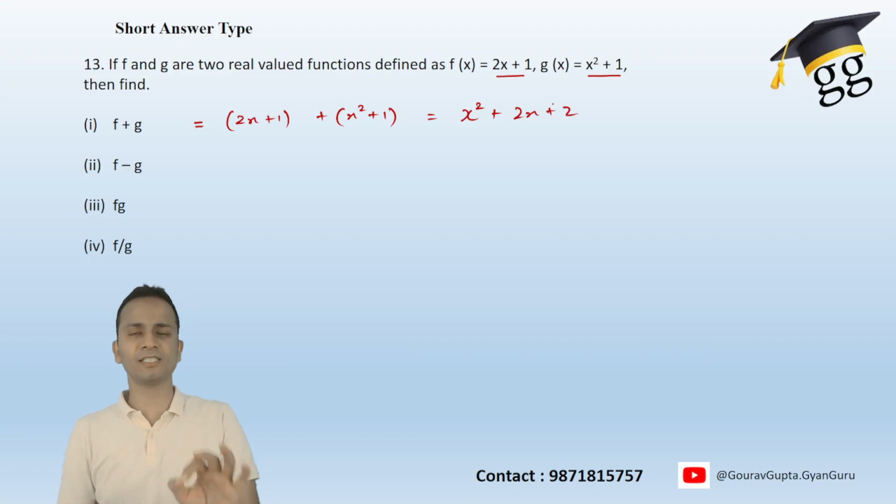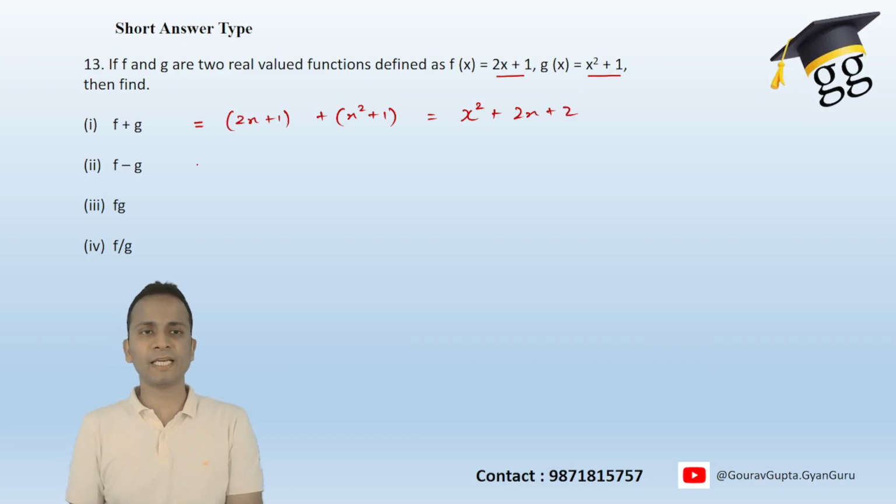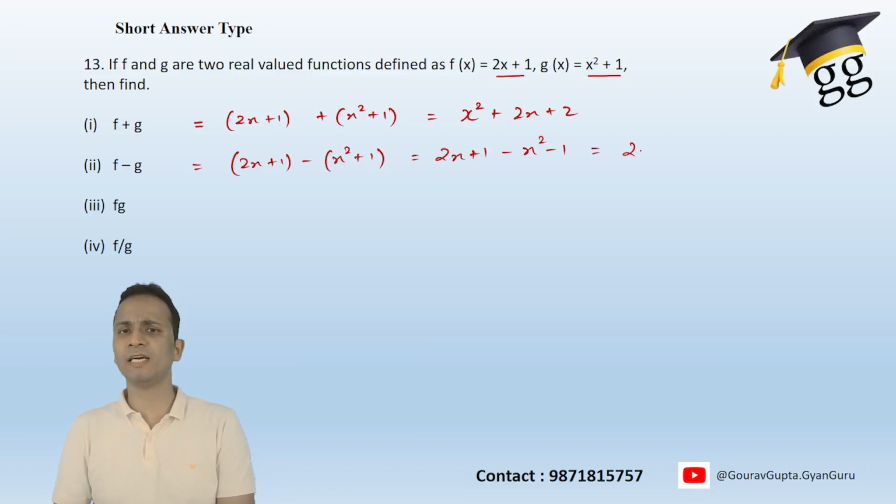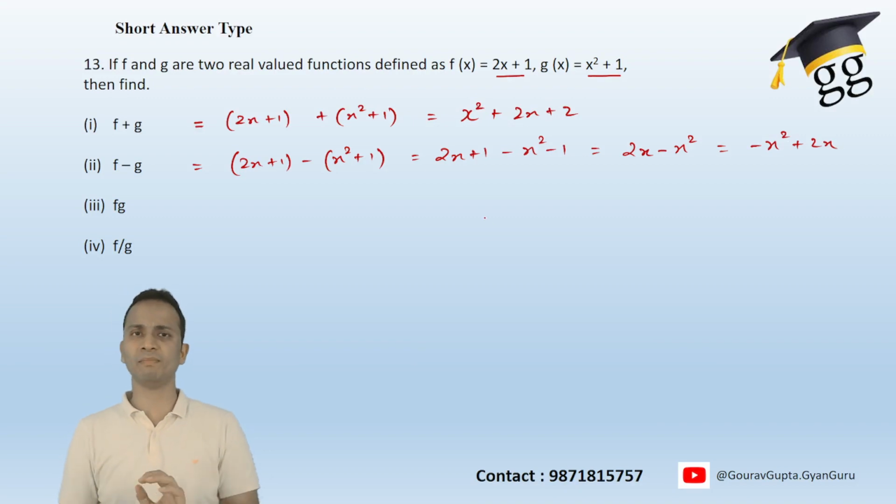Simple, that's it. This is the answer for first part. Second part, instead of addition, do subtraction. So 2x plus 1 minus x square plus 1, opening the brackets, 2x plus 1 minus x square minus 1, plus 1 and minus 1 will get cancelled and the function will be 2x minus x square.